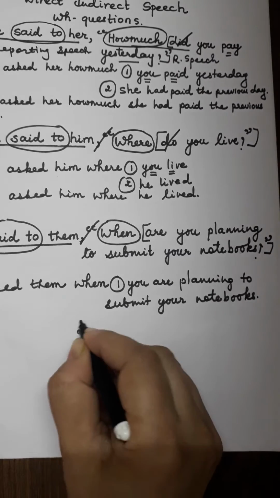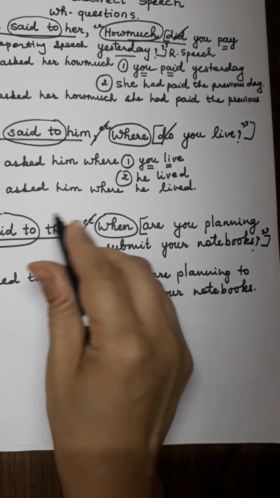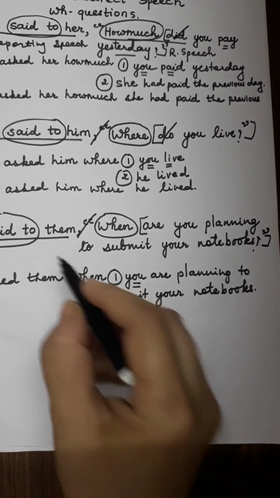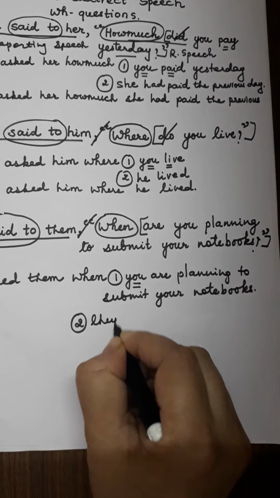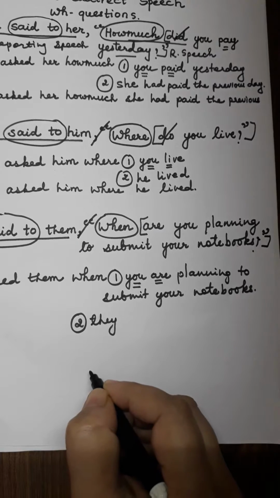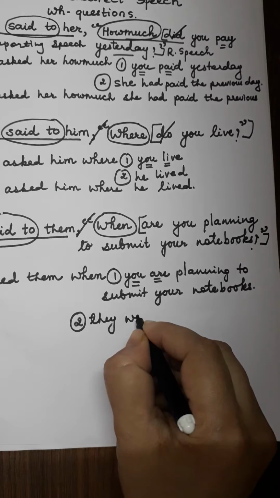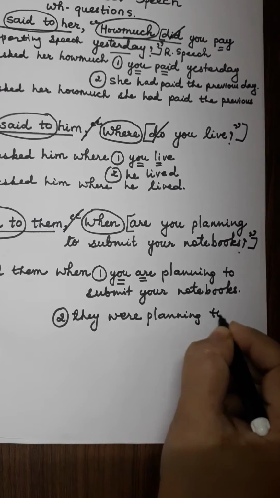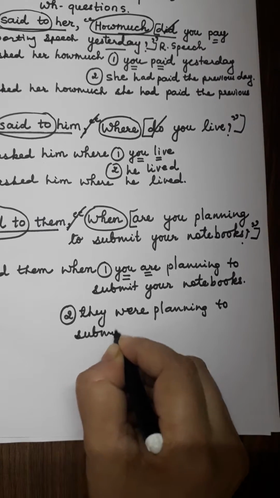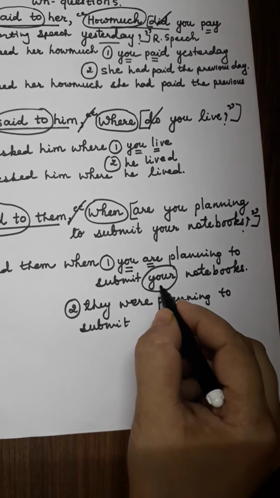Now let's make other necessary changes. Again, you is the second person pronoun, so we need to see who is the listener. The listener is them. So which is the subjective pronoun of them? That is they. Are becomes was or were. So what do we write with they? We write were. So they were planning to submit. Now we have your, again the second person pronoun. Your is a pronoun which is used as an adjective.